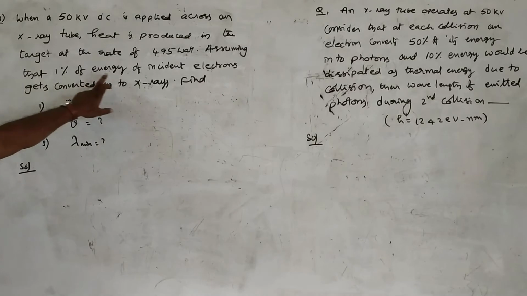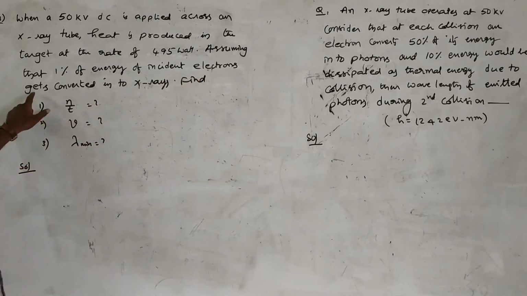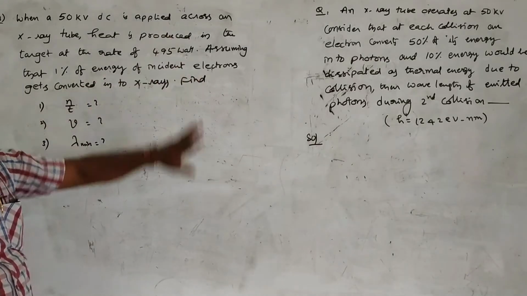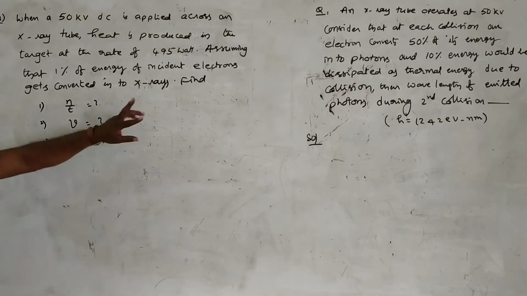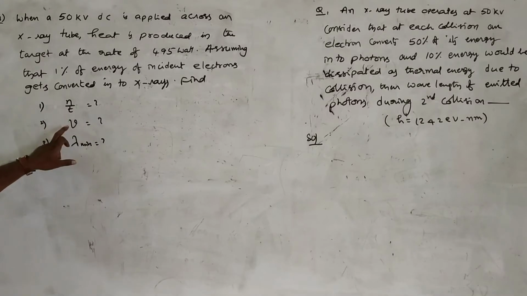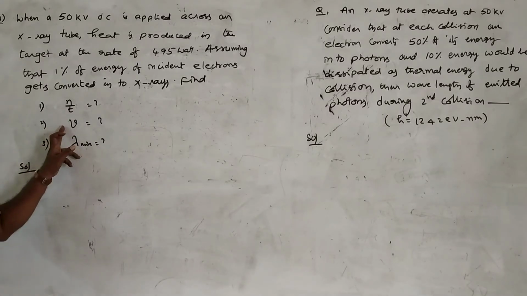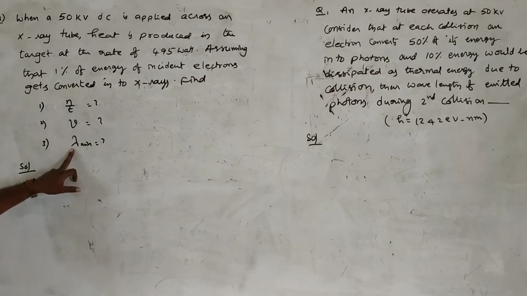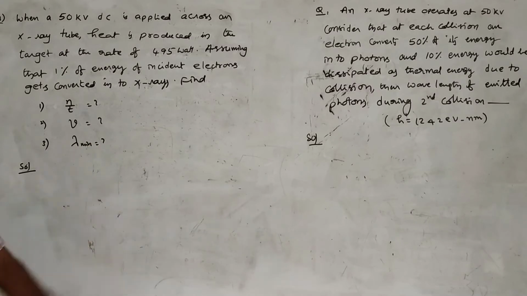Assuming 1% of the energy of the incident electrons gets converted into X-ray photons, find the number of electrons incident on the target per second. Find the velocity of the electrons at which they are incident on the target. Also find the minimum wavelength of the continuous X-ray photon emitted in this case.